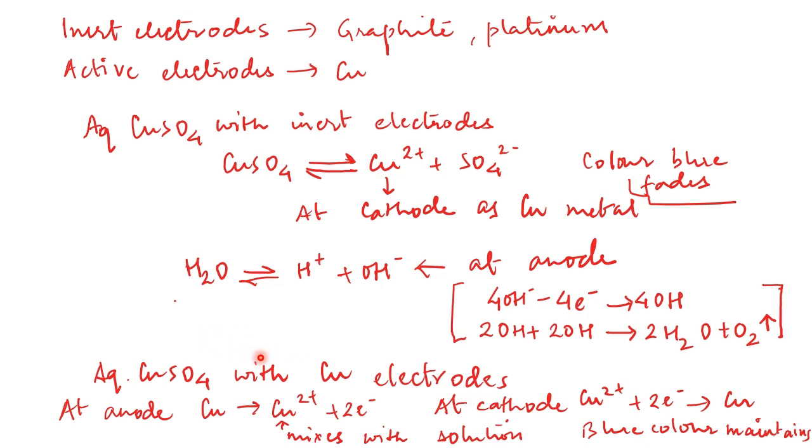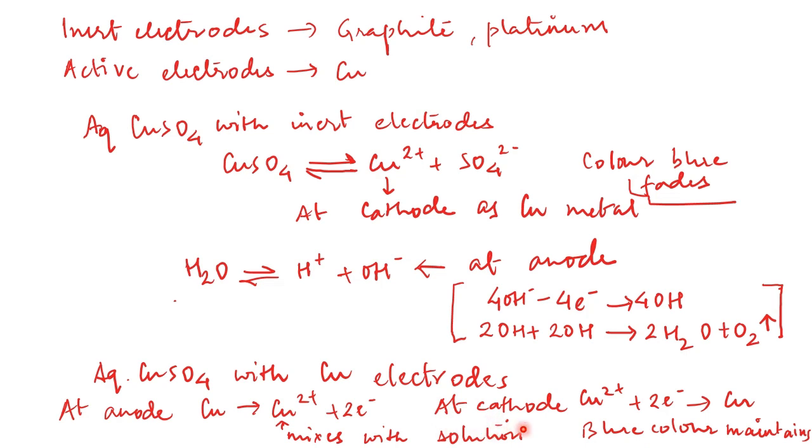Now if the electrodes are active, they are also going to participate in the electrolysis reaction. So what happens at the anode when the anode is reactive? The copper anode is going to release copper ions. Here there is no release of any negative ion and no release of any gas.